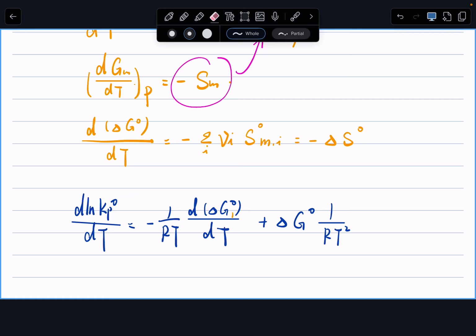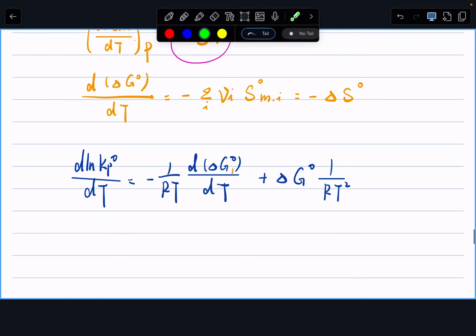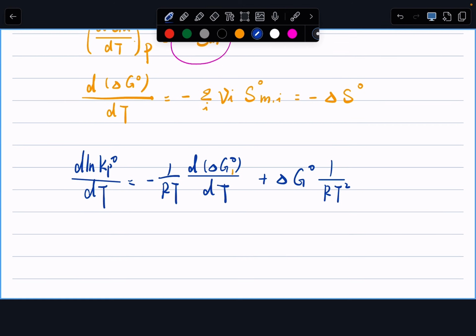We went over this middle part, and we can plug it in to say this equals negative 1 over RT times negative delta S naught of the reaction plus delta G naught over RT squared.